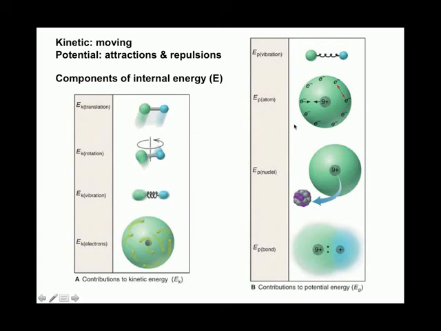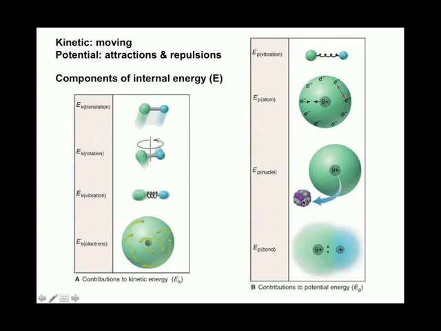Now over here we have potential energies. Here we have vibrational as well. So you notice vibrational energy is both potential and kinetic. As atoms move further away from each other, their attraction increases and they start to be drawn towards each other. So they can vibrate this way as well as in this direction. We also have the attraction of the nucleus for electrons.